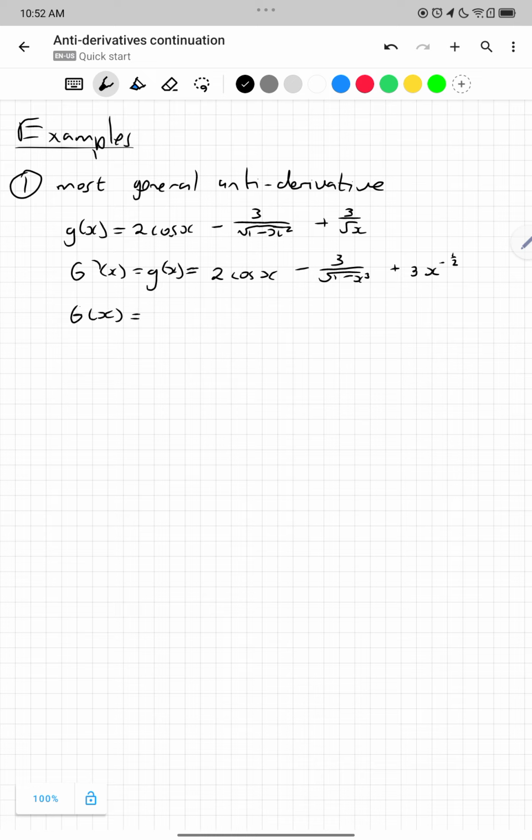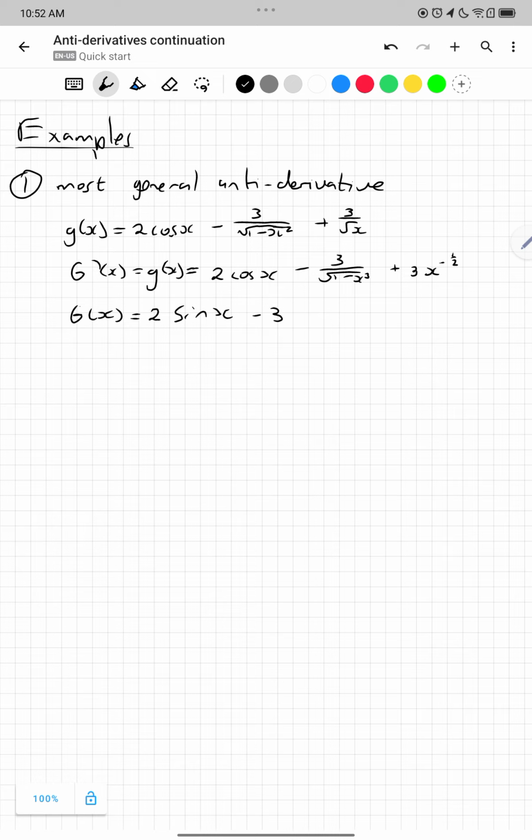So we know that we could put the constant here on the side, and the antiderivative of cos is sine. Why? Because when I derive sine, I get cos, right? So it's sine x. And then put the constant on the side.